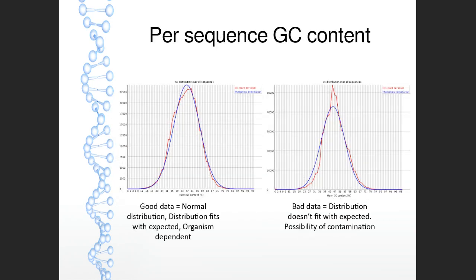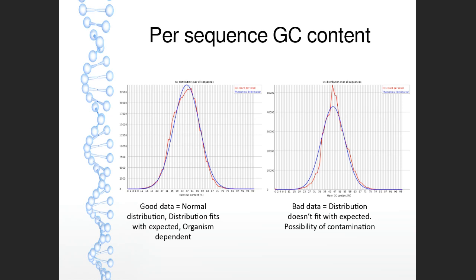So the next metric also focuses on GC content, but this is the per sequence GC content. So we're looking at the distribution of GC content across all of our sequences, or across all of our reads in our data, and we would expect this to be normally distributed. The peak of this normal distribution will be dependent on your organism.